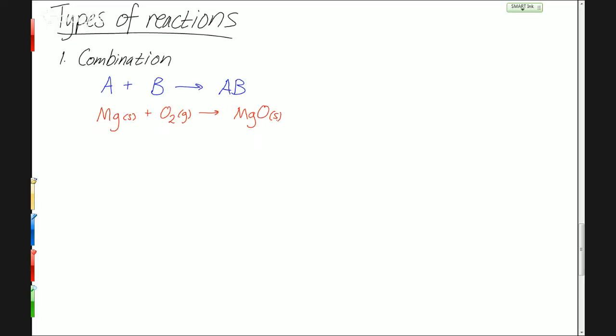Is this a balanced equation then? It's not. So we have to balance it. The balanced equation looks like that. So that's an example of a combination reaction. Our water synthesis is another example of that.